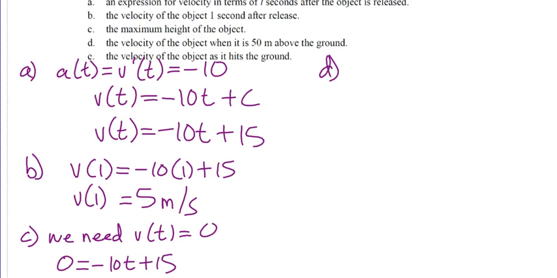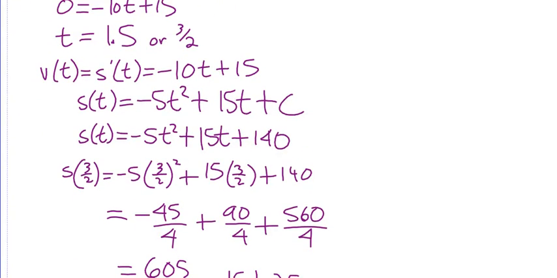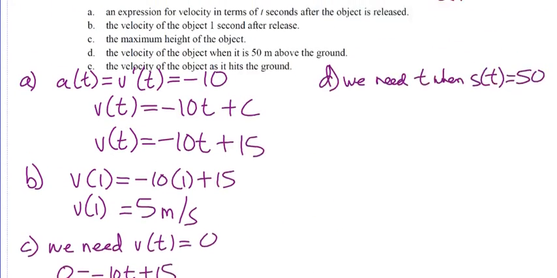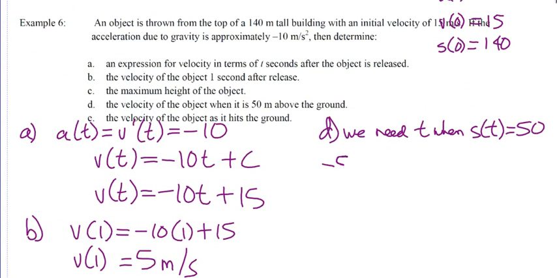We have to find t when s of t is 50. So what was s of t? Negative 5t squared plus 15t plus 140 equals 50.